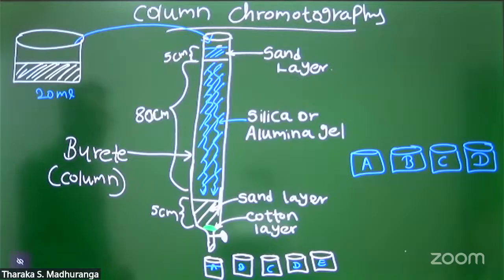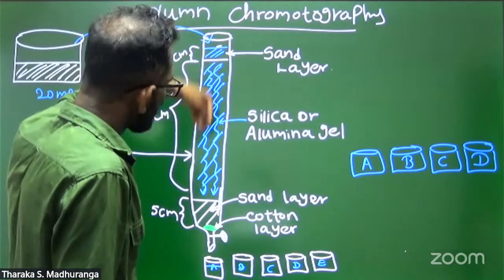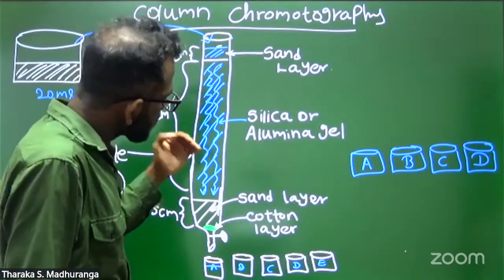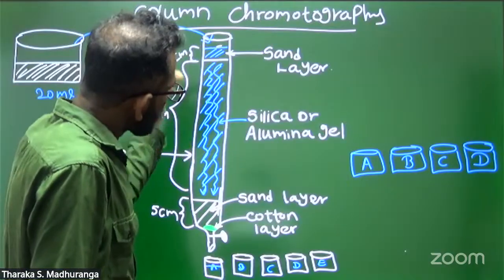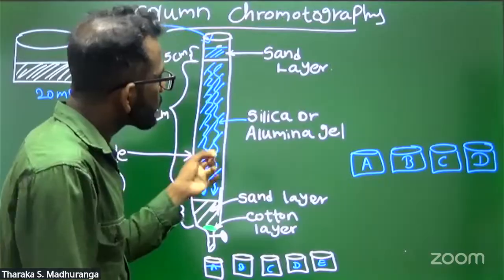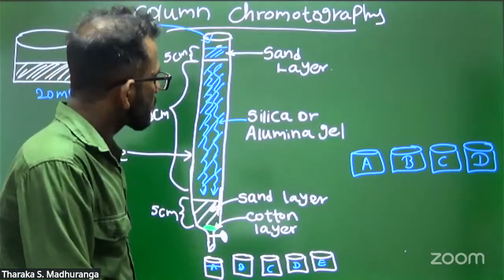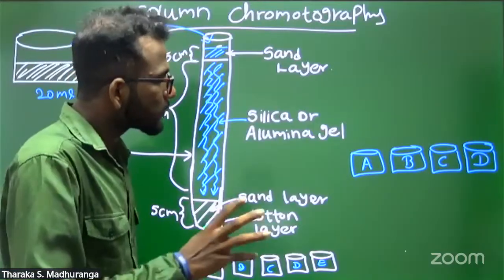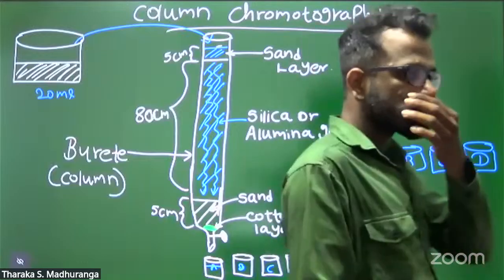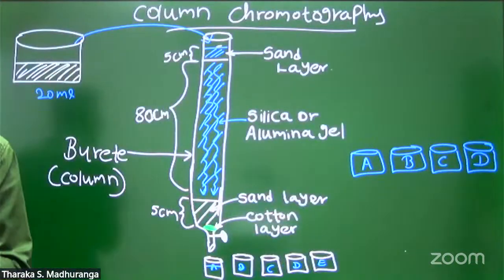Very good. Because through this column, the heaviest compound travels first. After that, their speed depends on the weight. Finally, the least weight, very light compounds, come at the end.